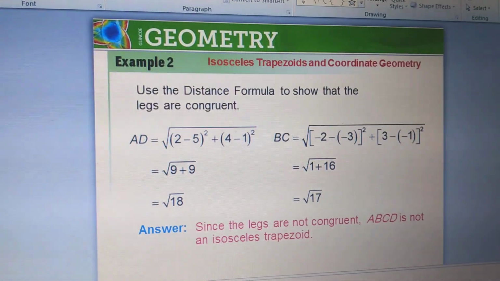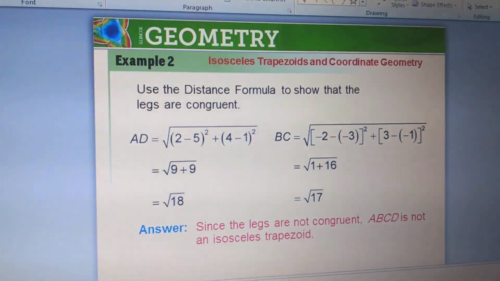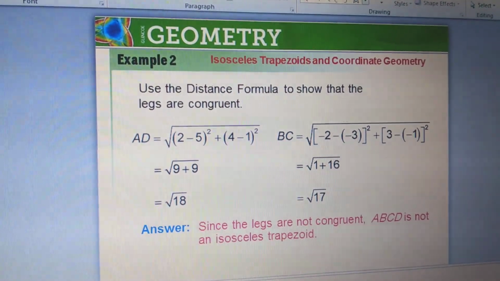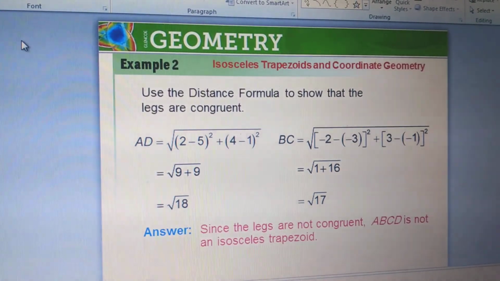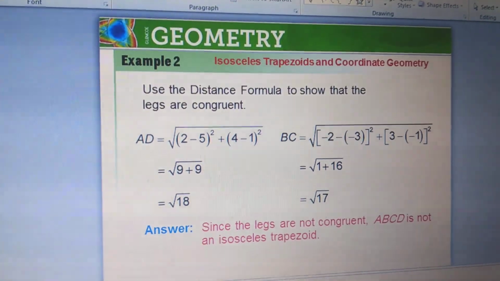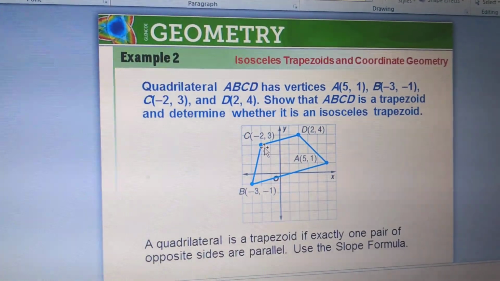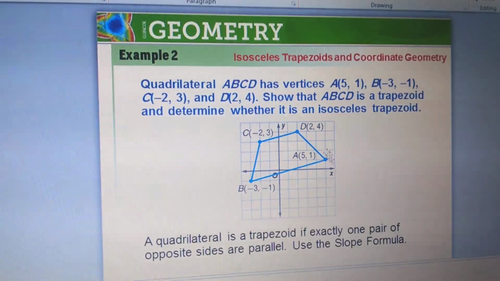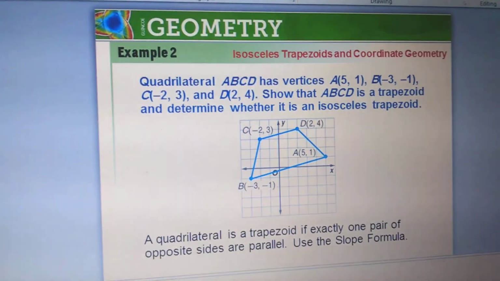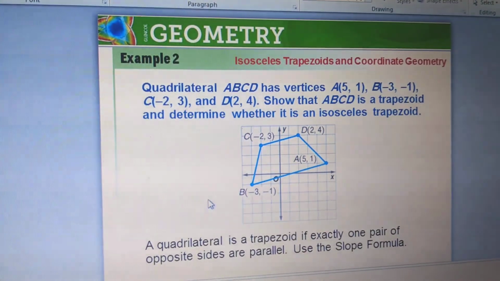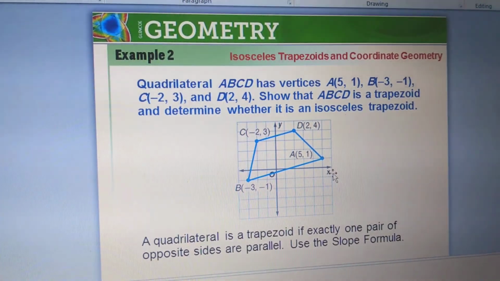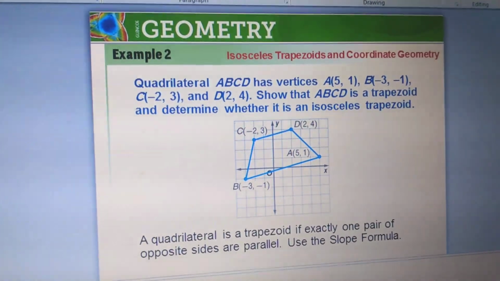Now here, use the distance formula to show that the legs are congruent. We go back. These legs, CB and DA, are called legs, and CD and AB are called bases.